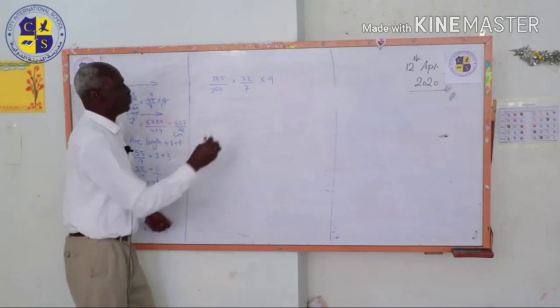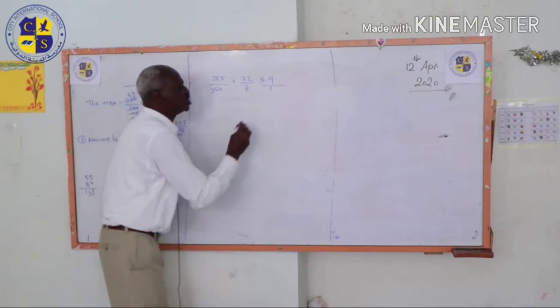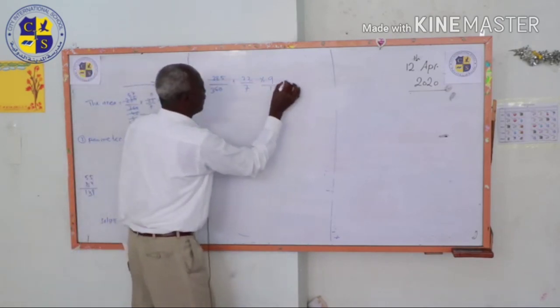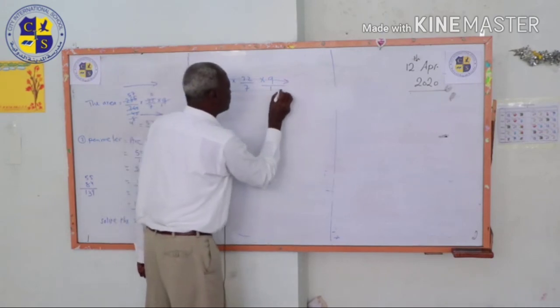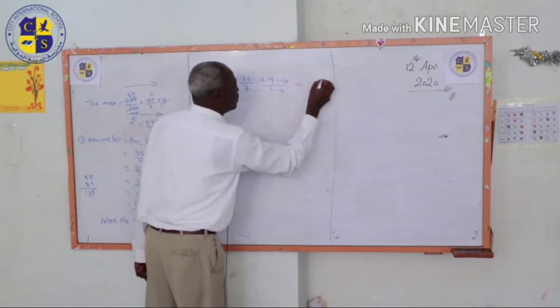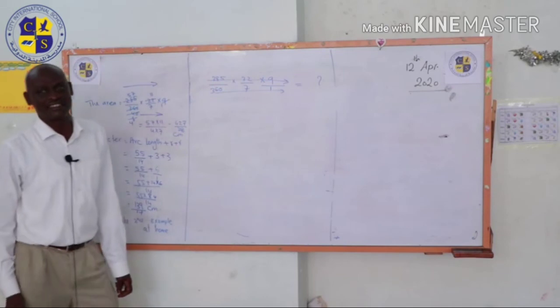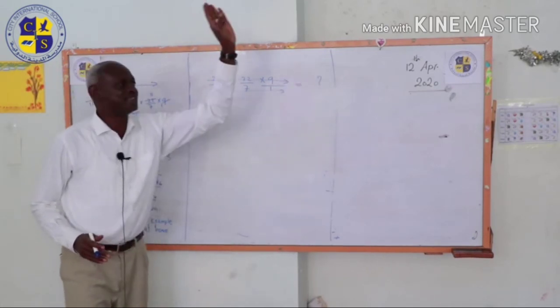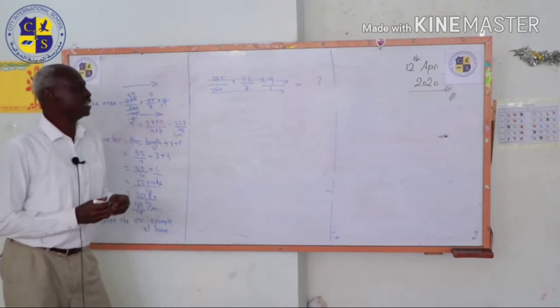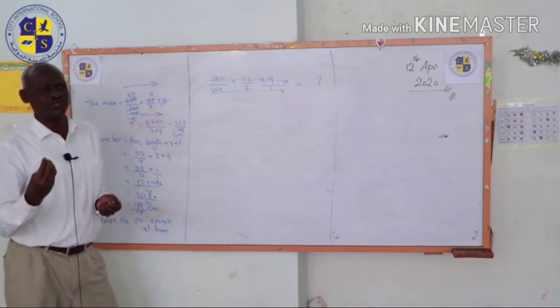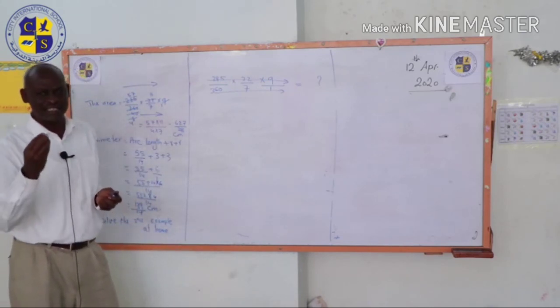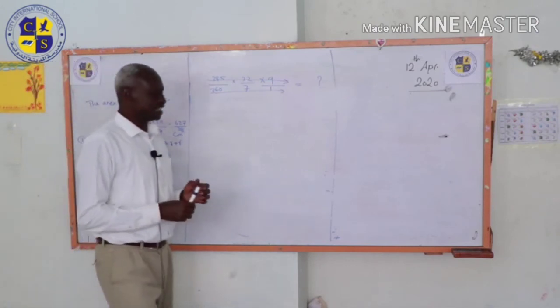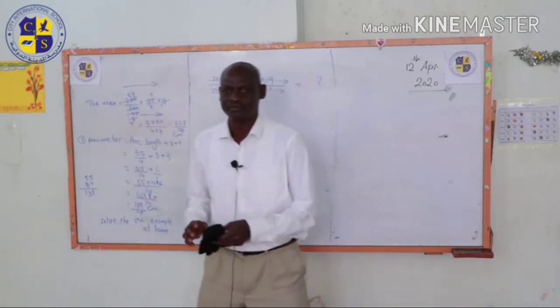There is another way. If you don't want to reduce, just multiply the upper with upper and down with down. So you will find a result. Multiplication, up by up, down by down, and then find the result. And you should reduce the result to the lowest term, as you can. Okay, thank you.